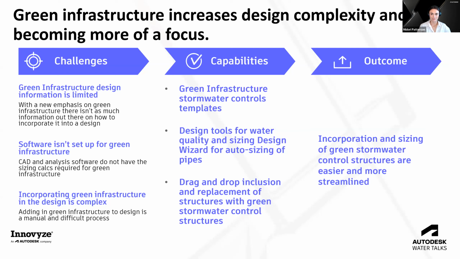And so a lot of times, in order to achieve those same volume storages, you need to have multiple aspects of these green infrastructure modules spread out throughout your site, and a lot of times working in series.